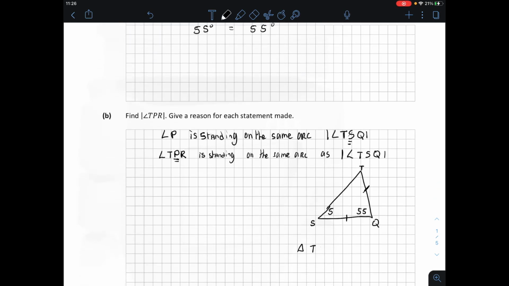So our triangle TSQ is an isosceles, as we're told that two sides are equal.